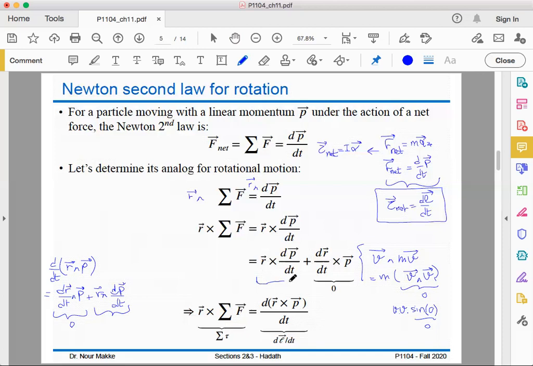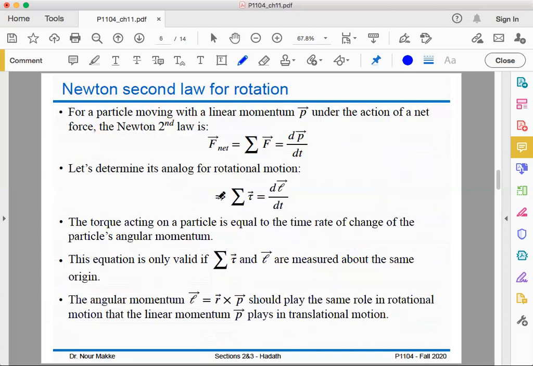سو فينا نجمعهم اثنيناتهم ونحطهم بهالشكل هيدا, يعني هي the derivative with respect to time of r cross p من ناحيه, ومن ناحيه ثانيه هون ال r cross sum of F فينا نحطها هي as sum of r cross F. اوكي so اول شيء ال r cross F as we have seen in the first slide هيدا هي ماشي غير التورك tau. اوكي وال r cross p هي كمان بكل بساطه the angular momentum L. And so we end up with sum of tau من أول part of the equation من the left hand side is equal to the derivative of the angular momentum of the particle with respect to time.